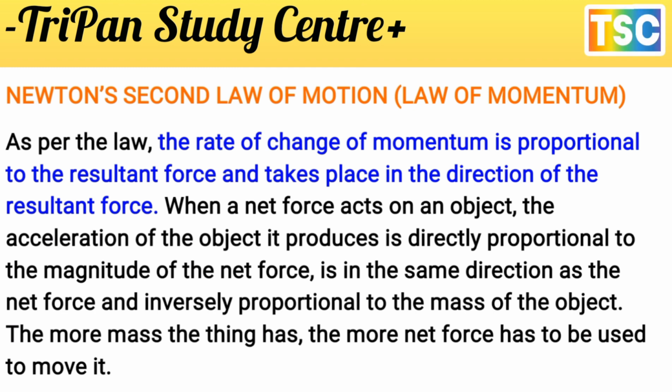When a net force acts on an object, the acceleration produced is directly proportional to the magnitude of the net force, is in the same direction as the net force, and is inversely proportional to the mass of the object.